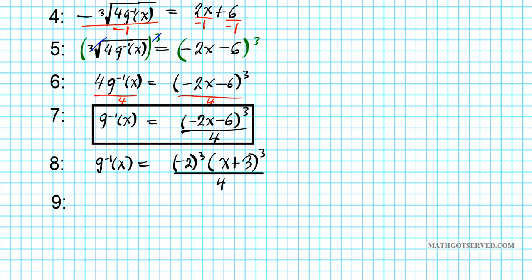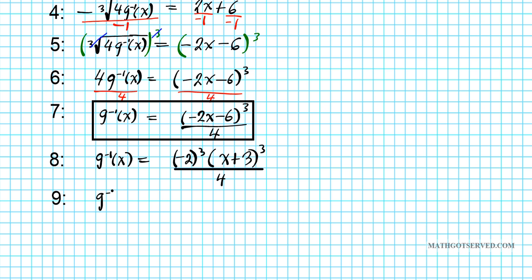And then let's simplify a little bit more. We have g inverse of x equals, now what is -2 to the third power? It's -8 times x plus 3 to the third power divided by 4. Okay, that divided by 4. And then our final form will be accomplished by dividing 4 into the denominator, which yields 1, and into the numerator, which yields 2.